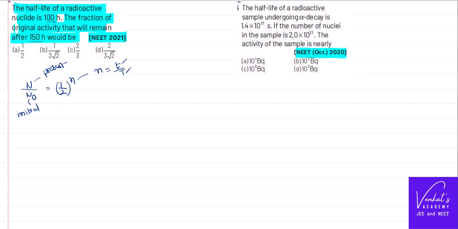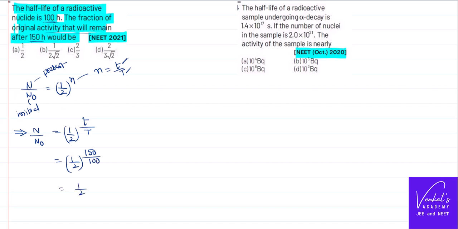Knowing the terms, we want to calculate the fraction of original activity, meaning the number of nucleons present to the initial number of nucleons: 1 by 2 power of n. In the place of n, I have to write the time after which you want to calculate divided by the half-life period. So 1 by 2, we want to know after 150 hours whose half-life is 100 hours.